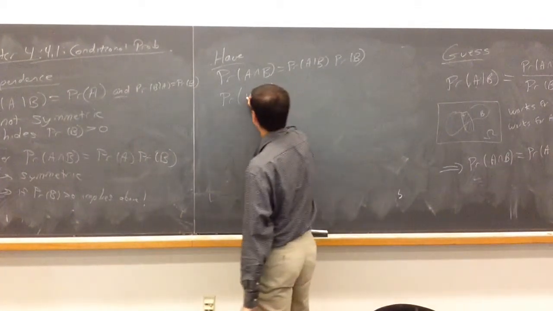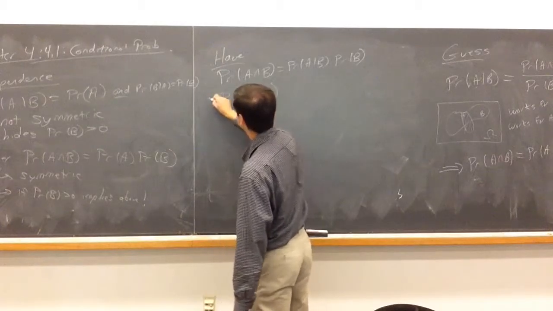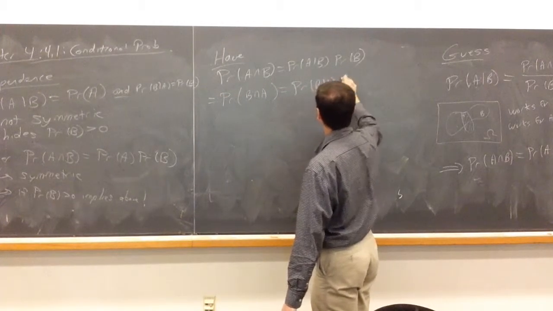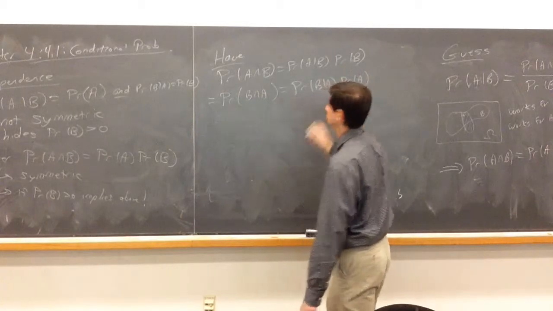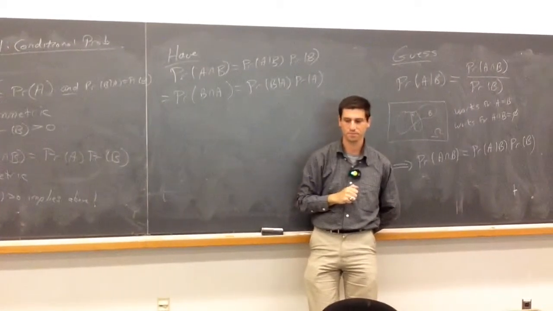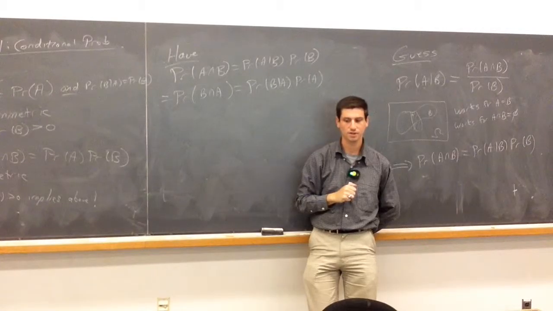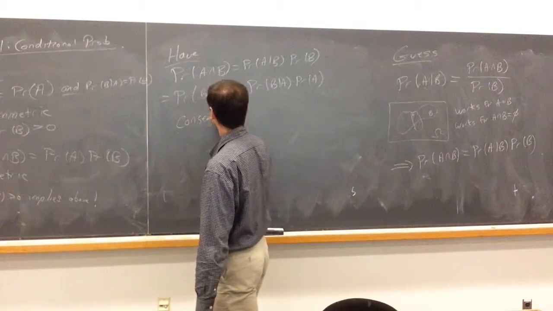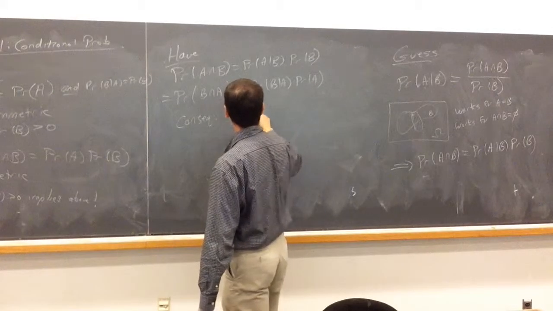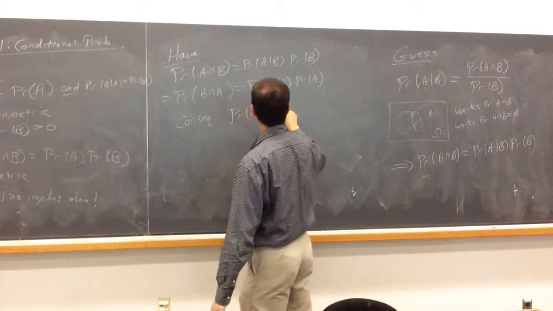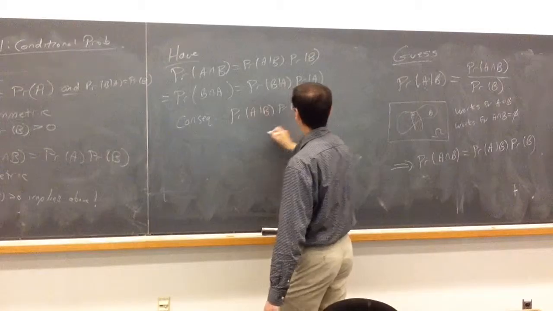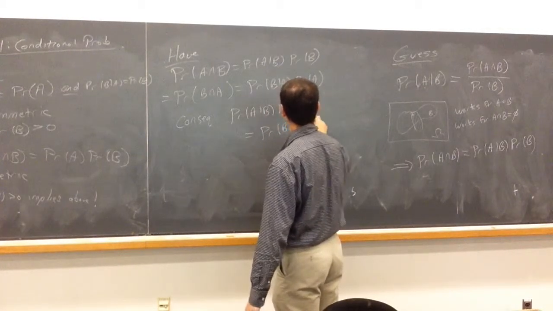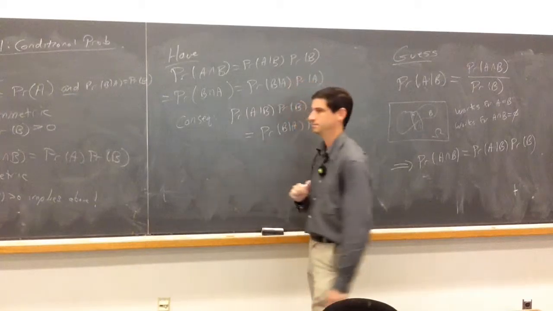B intersect A. So these would be equal, and this would be the probability of B given A times the probability of A. So as a consequence, we get the probability of A given B times the probability of B is equal to the probability of B given A times the probability of A.